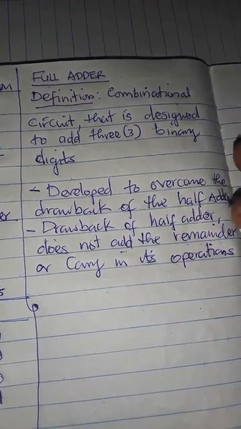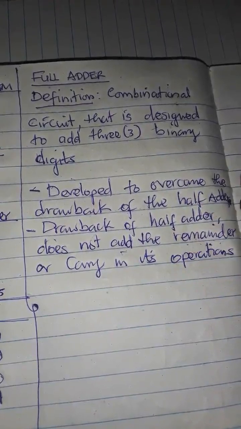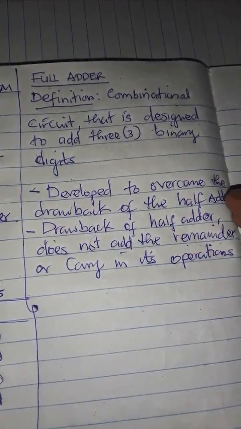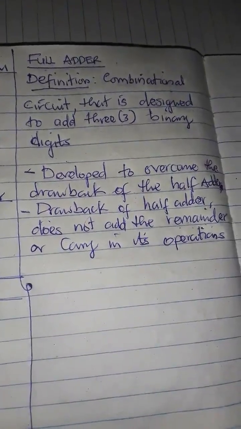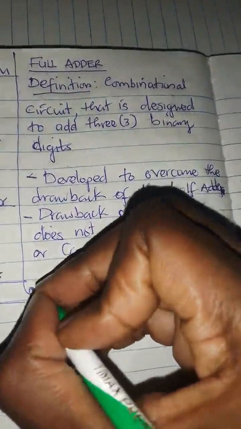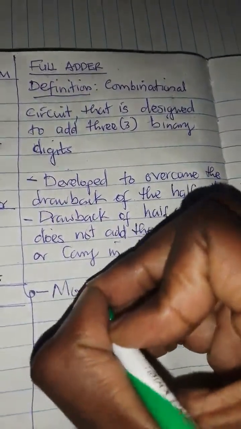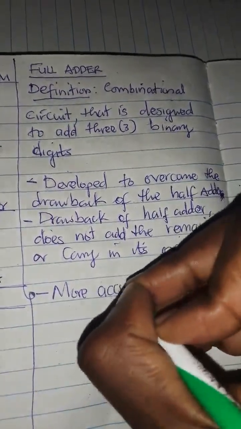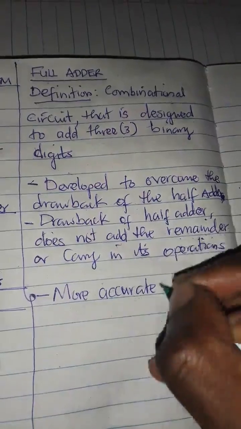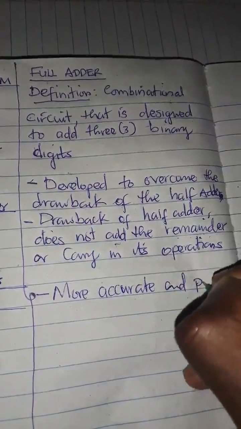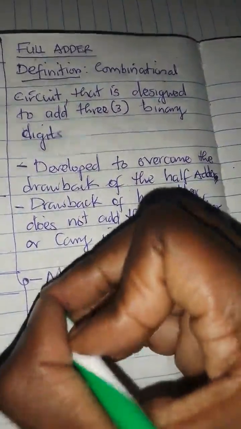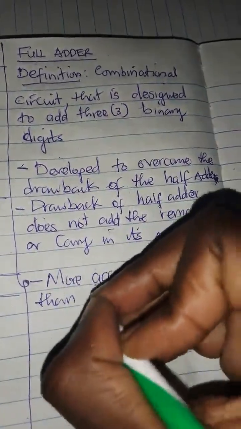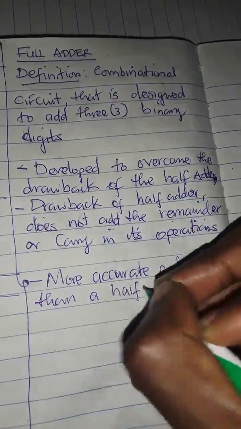So the full adder comes now to add the carry in its calculations. Meaning this one is more accurate and precise than a half adder.